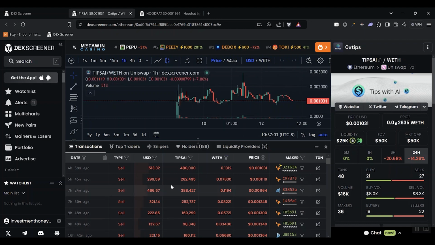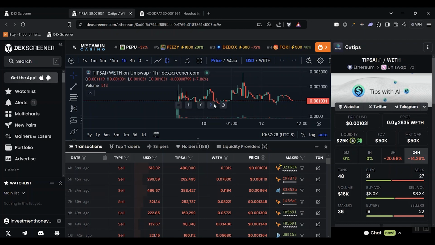Now we've got a wall of sells, just looking at the first bit of what we see here in the transaction area. I personally think this is probably going to continue to retrace even further, because when you typically have this much sell pressure, it's typically accompanied by more sell pressure. Do we actually have a catalyst where this is going to move up at all, right?